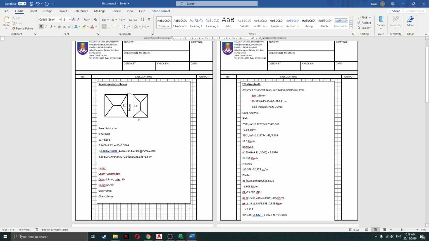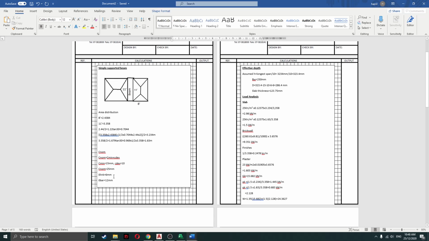I get this formula. Then for this, I find the height of this thing, 1.5 tan 30, and then times with the area, I get 1.63 meter.